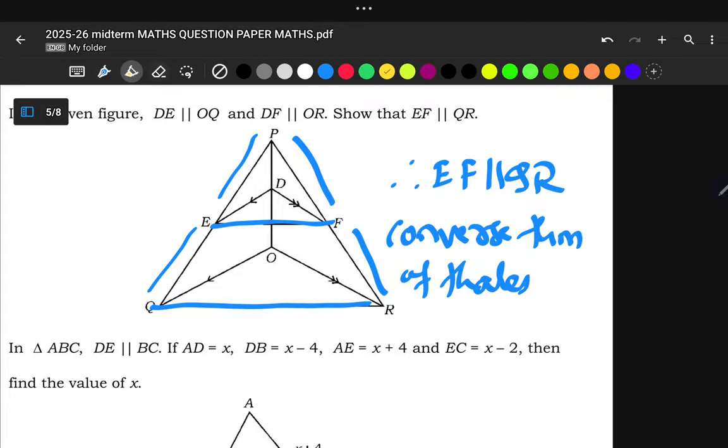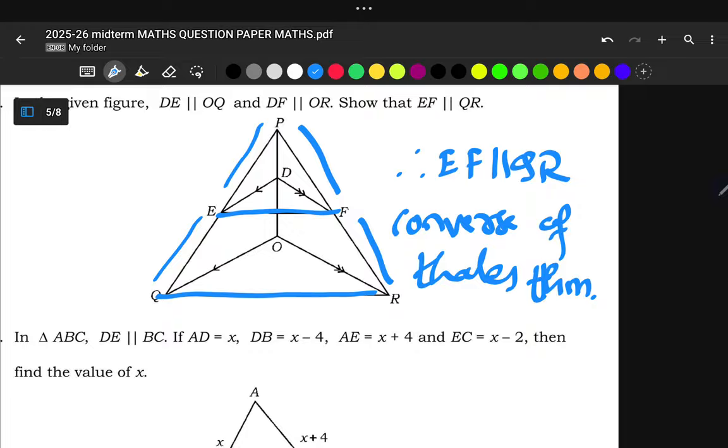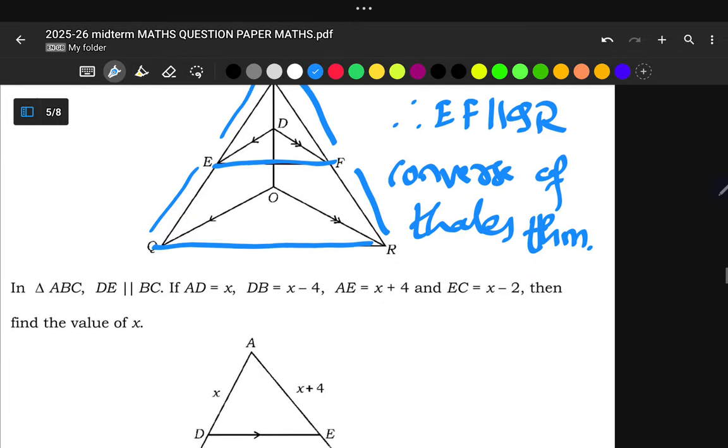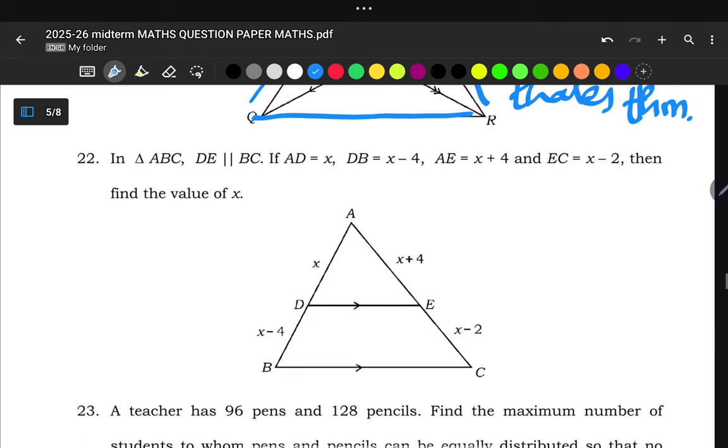In simple way, you have to write here converse of Thales theorem, in short THM. Just by making ratios equal, you have to prove the sides are parallel by using the converse of Thales theorem.